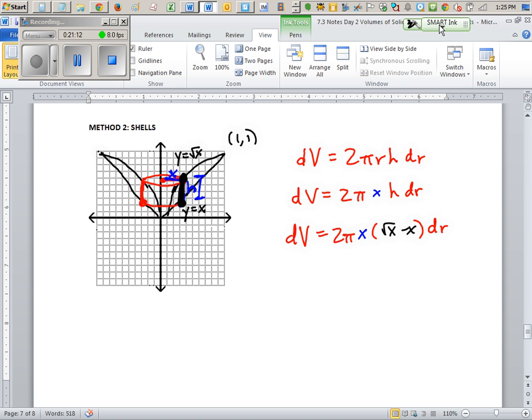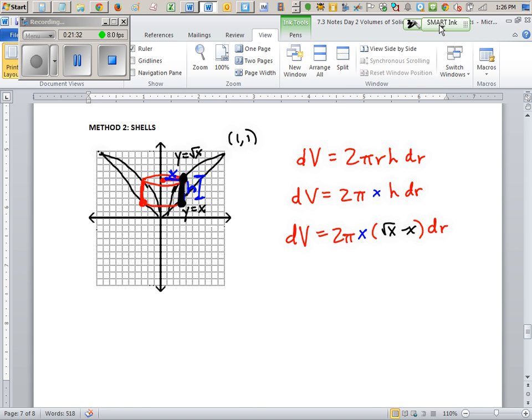There you have it. In fact, what is my change in radius? As you increase the radius, what's dr? Which direction is it? It's an x direction change, right? So the thickness of the shell is also a dx.